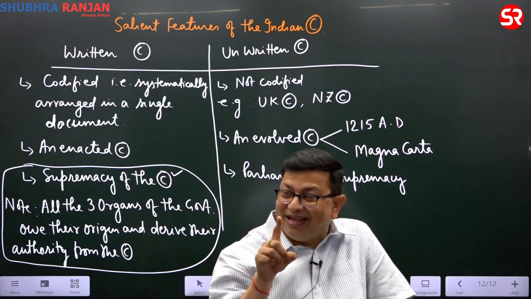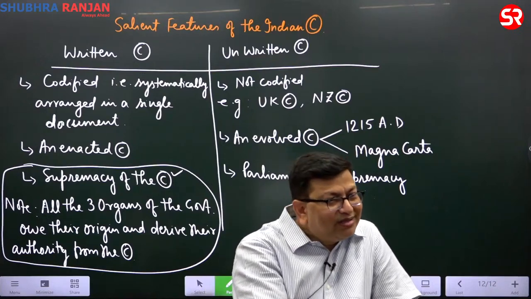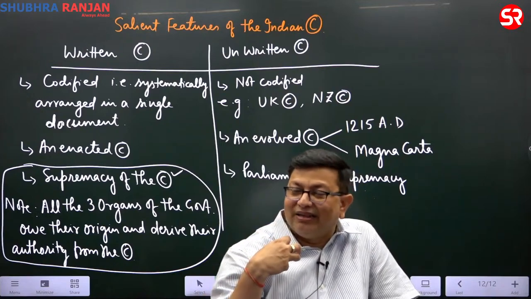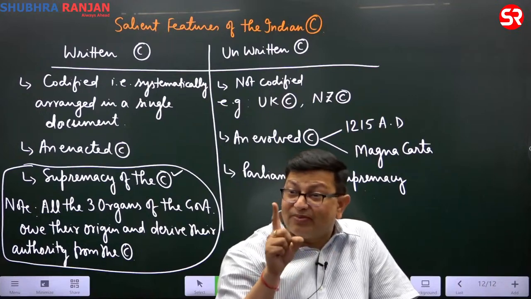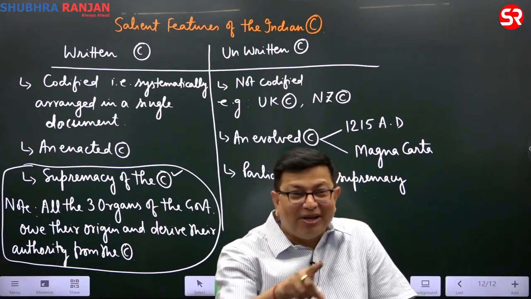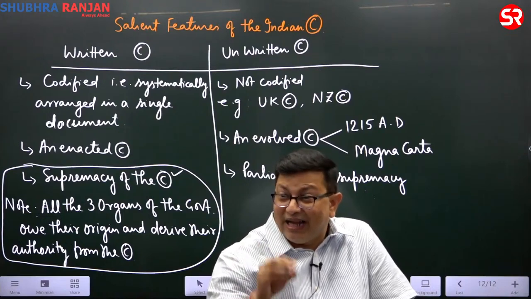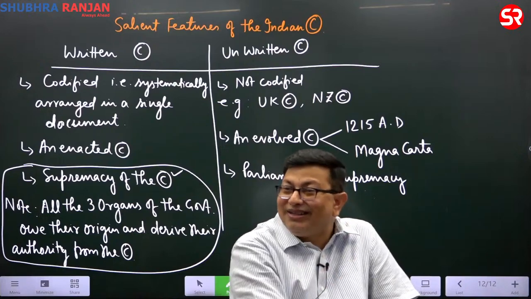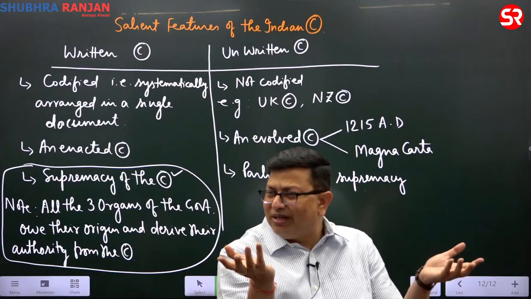But in the United Kingdom, all the powers of the Parliament were decided by the Parliament itself. Not only with respect to the Parliament, but other organs of the government, judiciary, executive, everything was decided by the Parliament, because there was no Constituent Assembly.